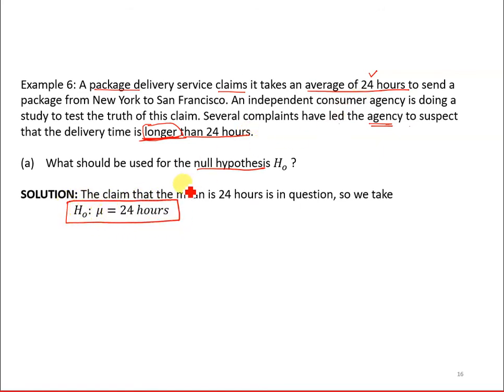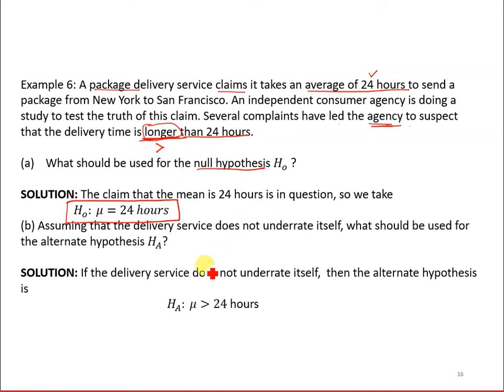For the alternative hypothesis, if mu is not equal to 24 hours, then how much will it be? Is it less than 24 hours or more than 24 hours? For that we take the results from the testing agency, which says it is longer. Longer means greater. So on that basis, the alternative hypothesis is mu greater than 24 hours.